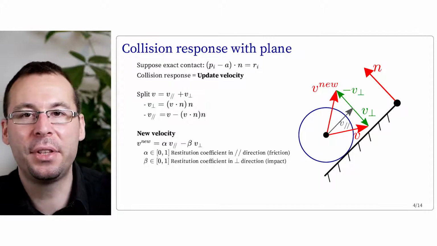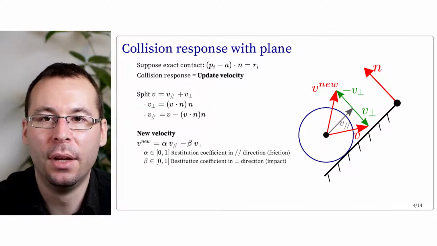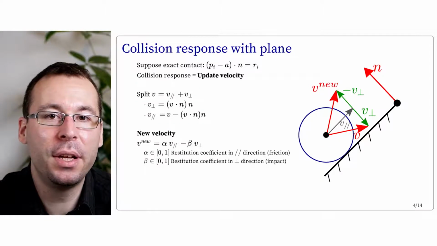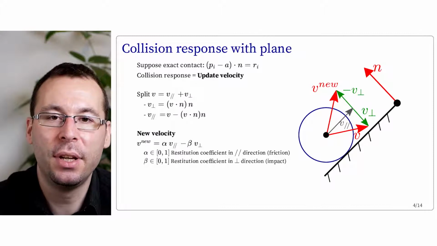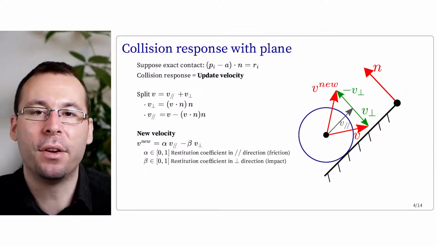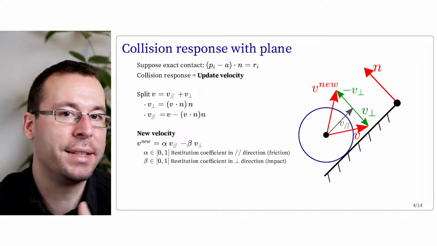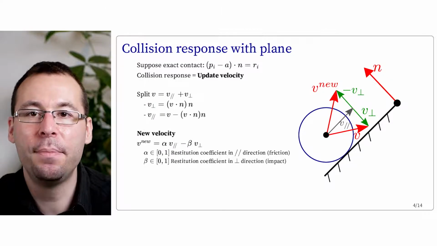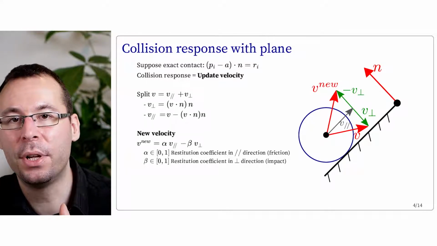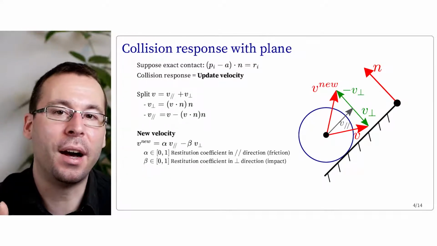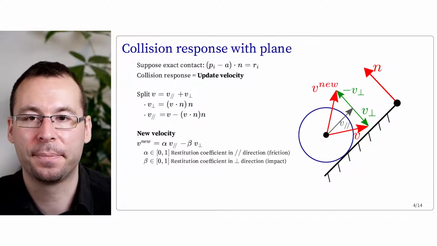So we negate the orthogonal component to model the bouncing effect. Of course, if we simply do that, the sphere will bounce without losing energy. So if we want to model some kind of loss of energy, we can add a restitution or attenuation coefficient, and possibly different coefficients for the parallel and orthogonal components, which will guide how much speed the sphere loses after the impact.